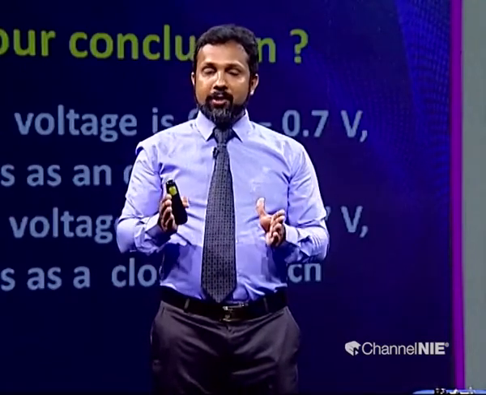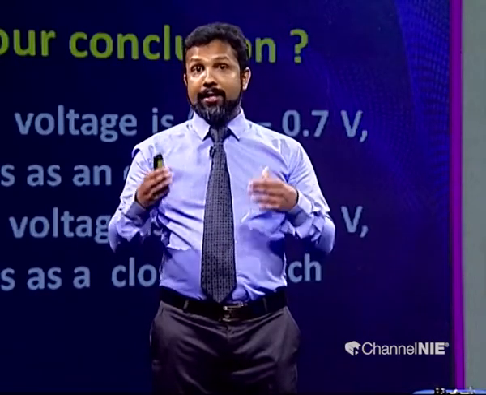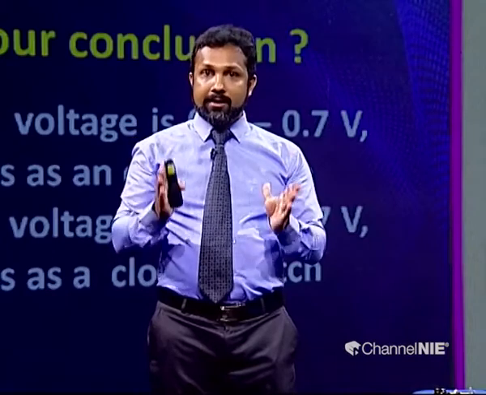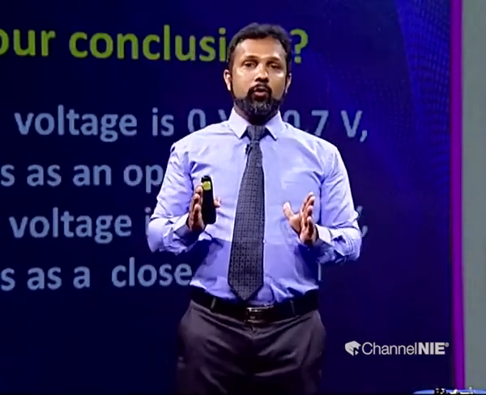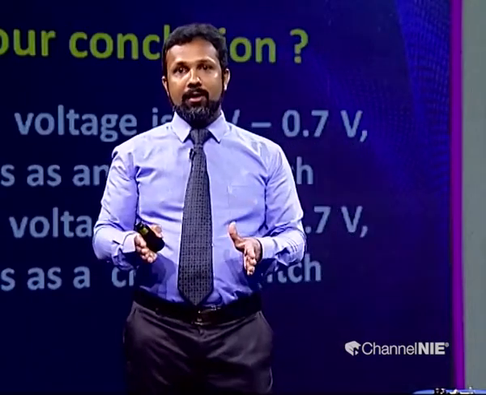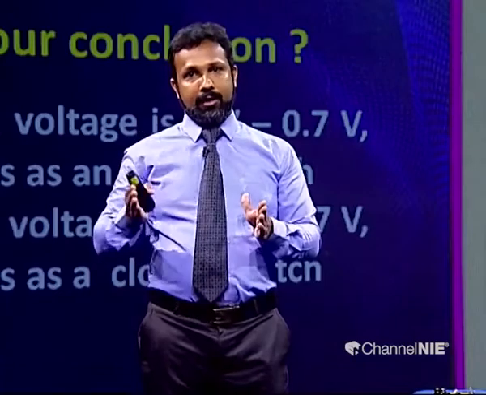When the voltage between emitter and base is 0.7 volts or less than 0.7 volt, current does not pass through the transistor, as the current passes through the external circuit.